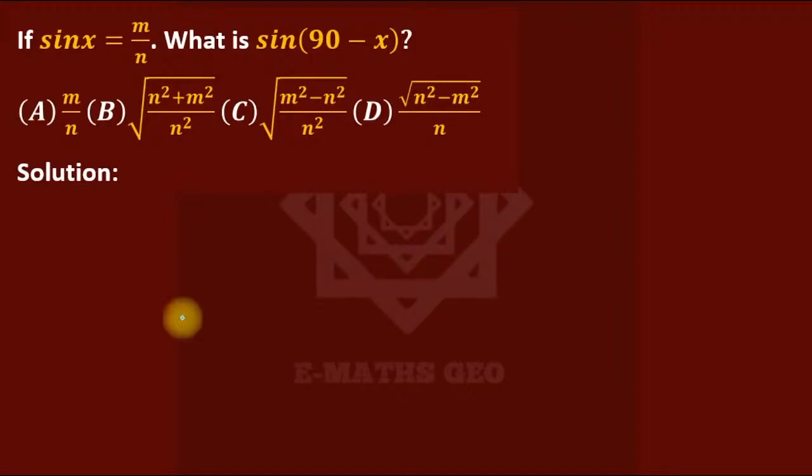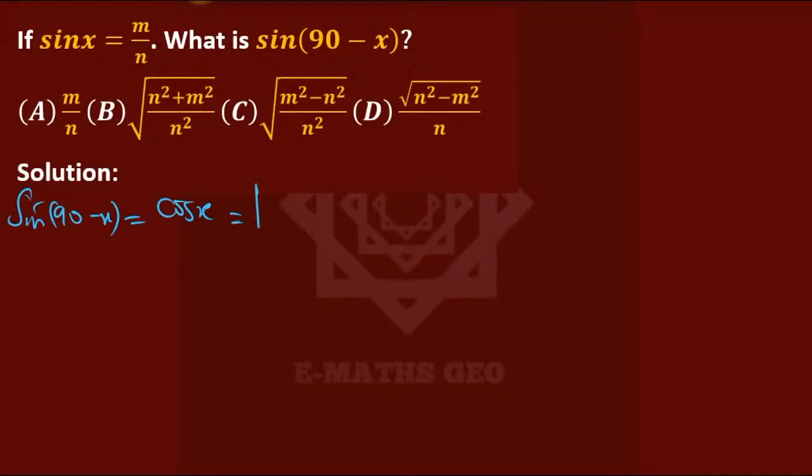If sine x equals m over n, what is sine 90 minus x? So we're going to use both the cofunction identity and Pythagorean identity. We're asked to find sine 90 minus x, and from our cofunction identity it is cos x, if you can remember. Now, from the Pythagorean identity, we know that sine squared x plus cos squared x is 1.